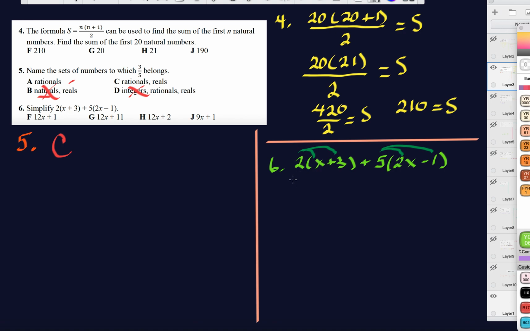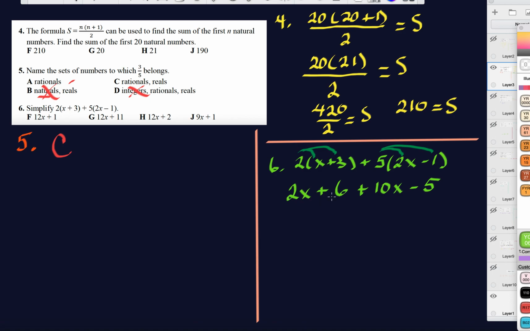So 2 times x would be 2x. 2 times positive 3 would be positive 6. And then over here, we're going to put that addition symbol in between. And then 5 times 2x would be, 5 times 2 is 10x. And then 5 times minus 1 would be minus 5.